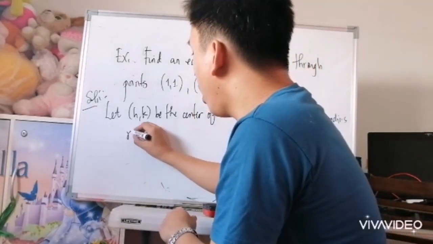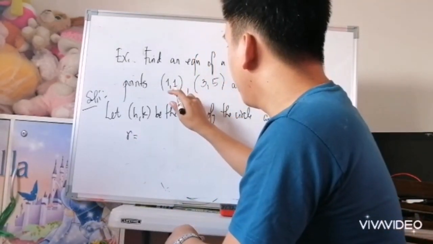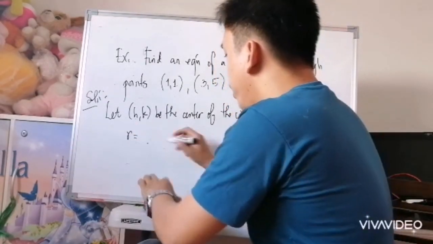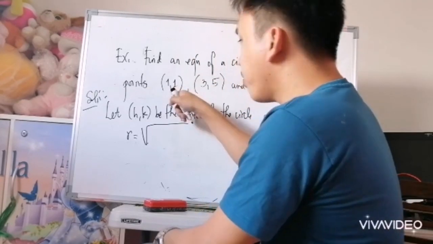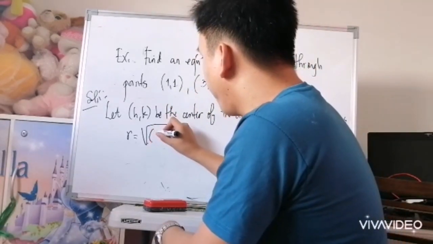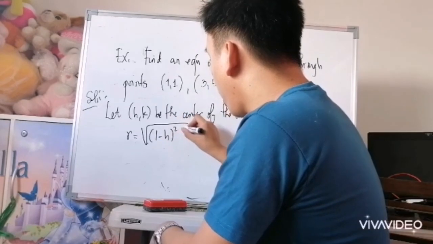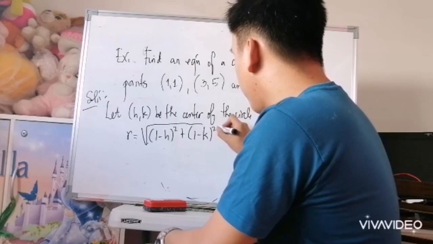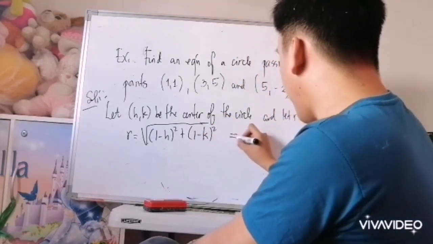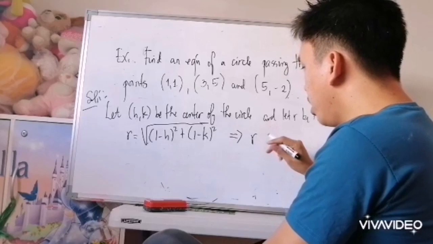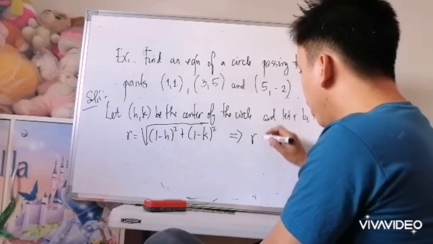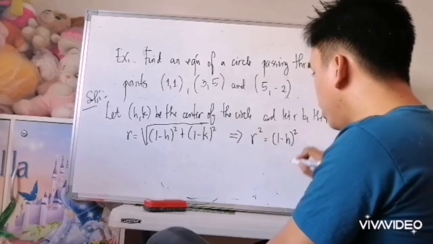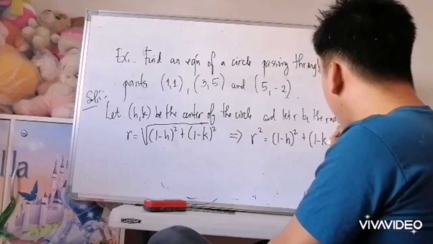Note that r is equal to the distance from the center to this point. So I have the square root of (1 - h) squared plus (1 - k) squared. This implies r squared equals (1 - h) squared plus (1 - k) squared.